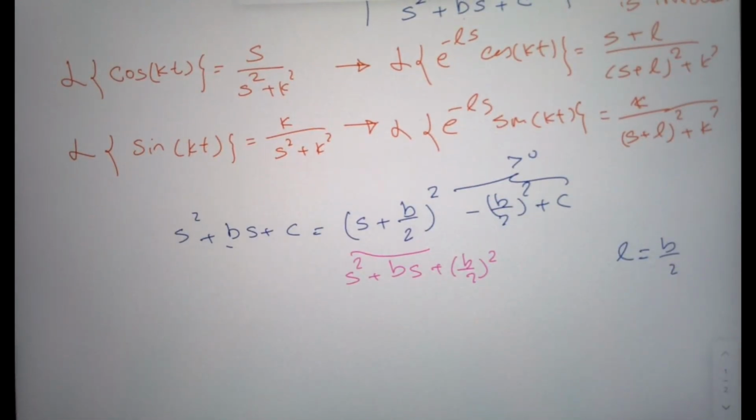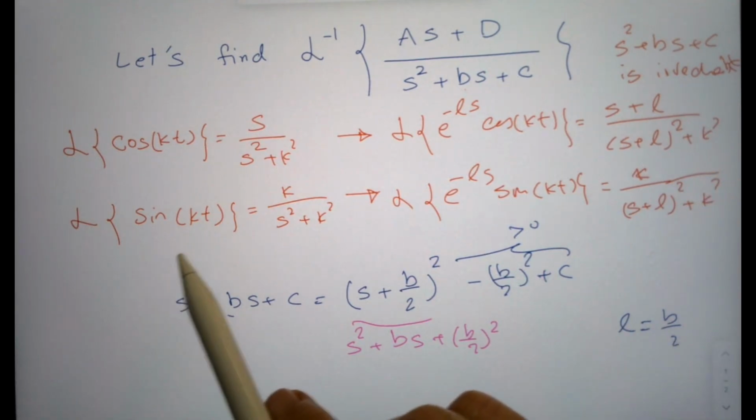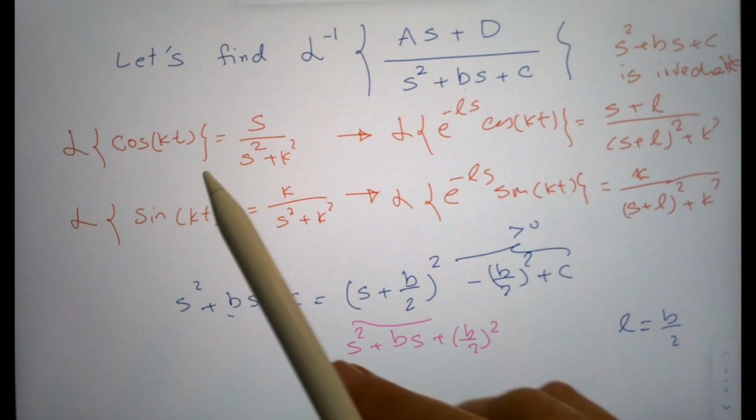What else do I need to know? Look at the numerators. I need to know if I can create s plus L and k in the numerators. It's more complicated to start with the sine, because creating s plus L is more complicated. You never start with the sine of kt. You always start with cosine of kt.